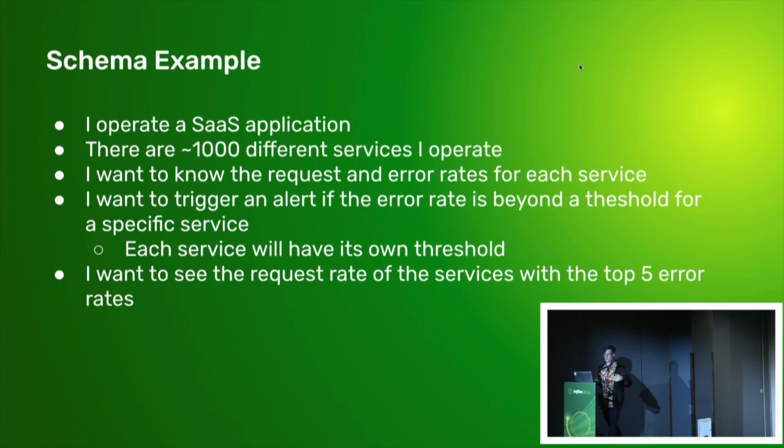The API server can have an error request rate of 2%, where the query server can only have 5%, something like that. And maybe I want to see the request rates for each of the services that have the top 5 error rates, so things like that.